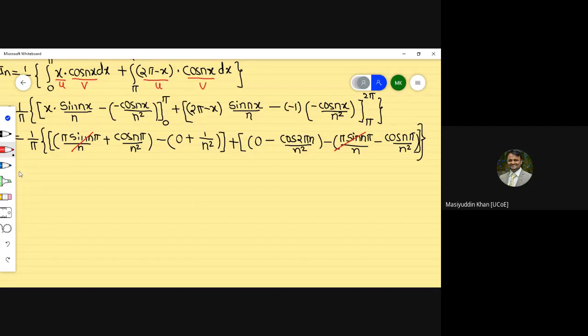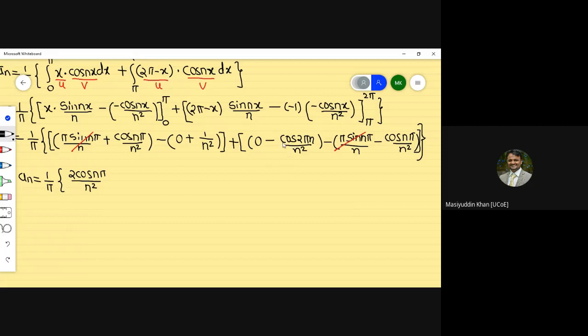So a_n is equal to 1 by pi, 2 cos n pi upon n square. Now cos 2 pi n is equal to what? Plus 1. Now you can observe that this is minus 1 by n square.